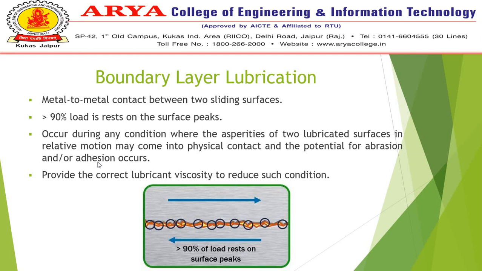For boundary layer lubrication, we have to provide a lubricating oil of the correct viscosity. That is the main feature of this type of boundary layer condition. So there are two significant points to be noted. First, the maximum load rests on the peaks, that is 90% of the load rests on the surface peaks.